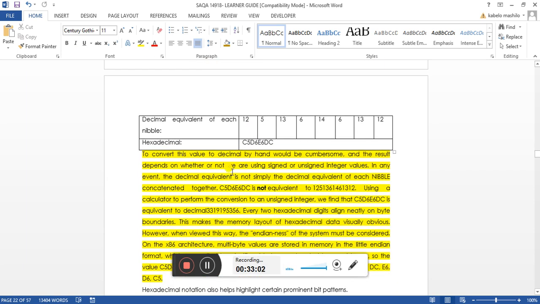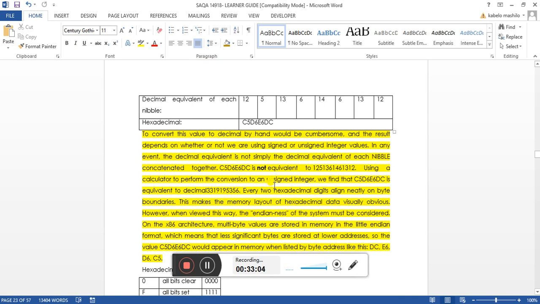To convert this value to decimal by hand would be cumbersome, and the result depends on whether or not we are using signed or unsigned integer values. In any event, the decimal equivalent is not simply the decimal equivalent of each nibble concatenated together.